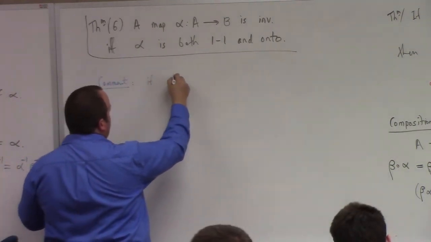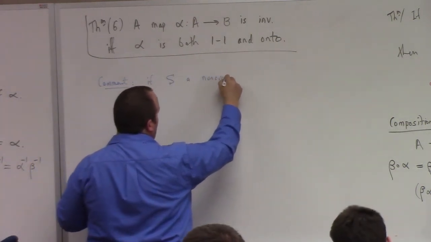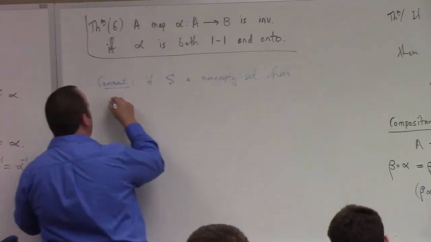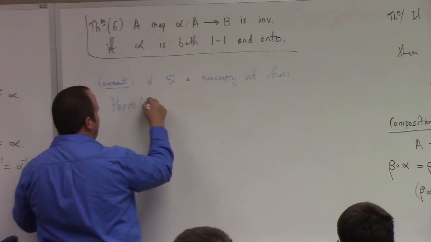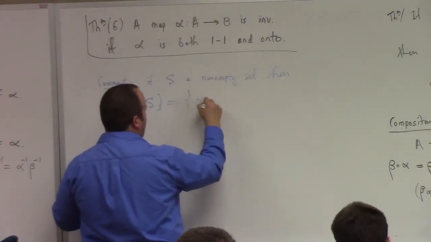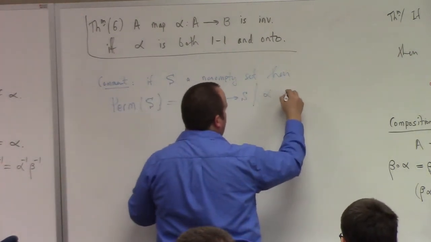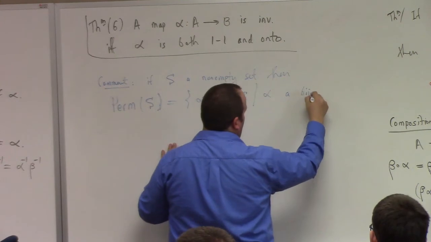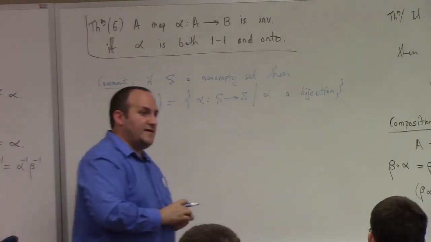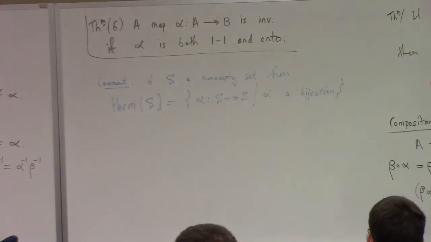If S is a set, then we can say Perm S will be the set of alpha from S to S such that alpha is a bijection. So we can define the permutations on a set, the set of invertible mappings on the set.